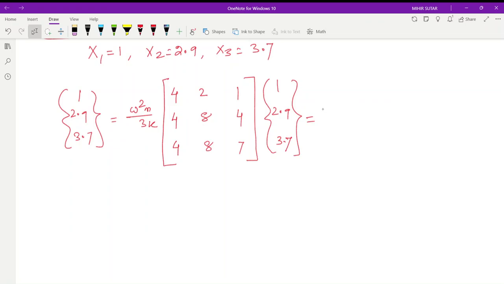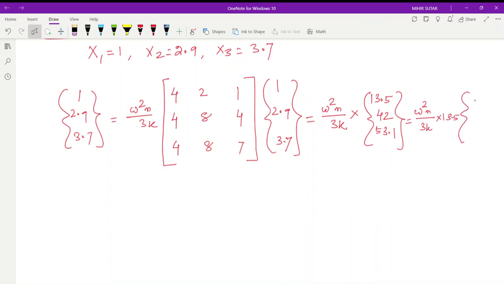Okay. So we will have omega square m by 3k into 13.5, which will be 1, 3.1, 3.9.